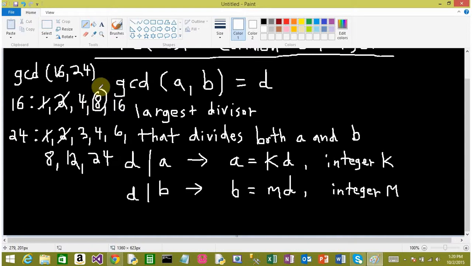We do have an 8 here for both. Let's see, 12 and 16, 24. And also 4 they have in common. And then I think that's the only other one that both of those share in common. So it looks like the largest divisor that divides both 16 and 24 has to be 8. So that would be our greatest common divisor, is 8.